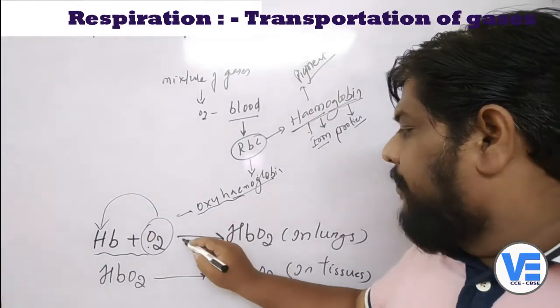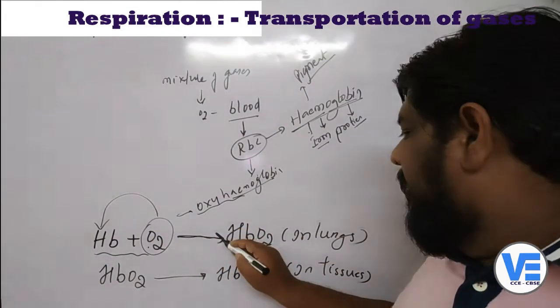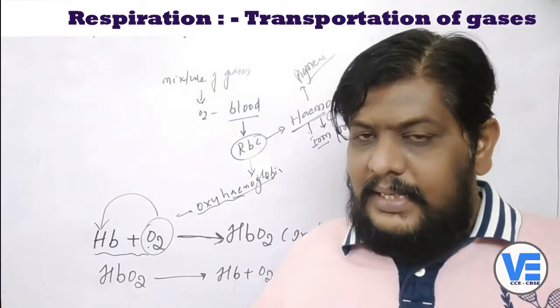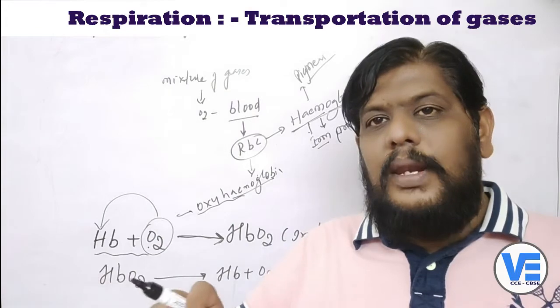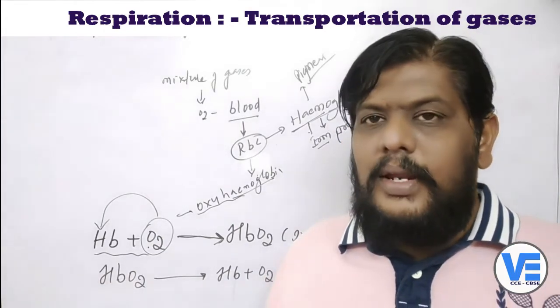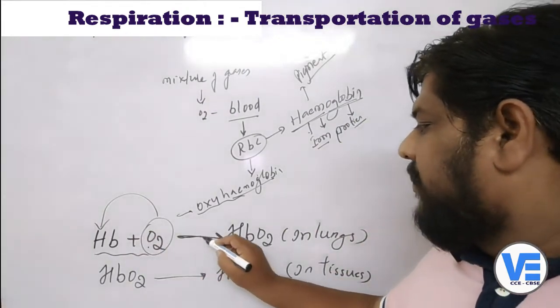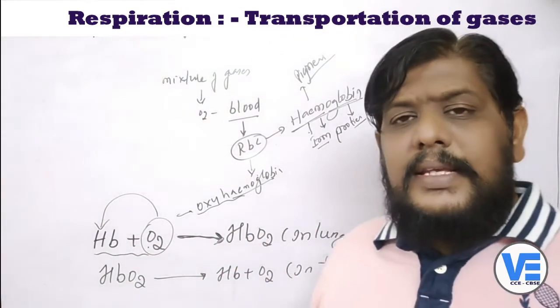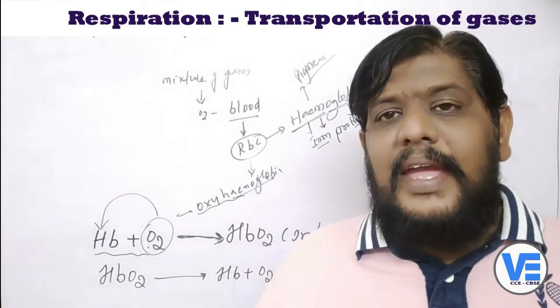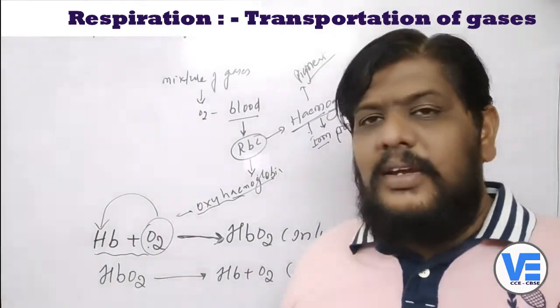Now this oxyhemoglobin will be in the lungs, isn't it? The oxyhemoglobin will be in the lungs and then in the blood, and the blood will carry it to the different tissues of the body. When they go to the different tissues, there are several cells in the body where there is a necessity of oxygen.